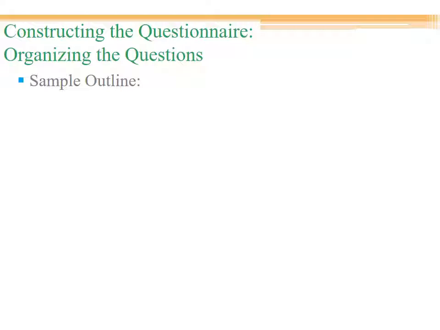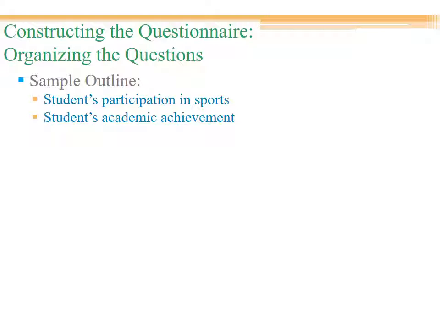First, you want to create an outline of your topics based on research objectives. So using our example study on sports participation and academic achievement, we would start with questions that ask about students' participation in sports. Next, we would ask questions that ask about their academic achievement, such as GPA.